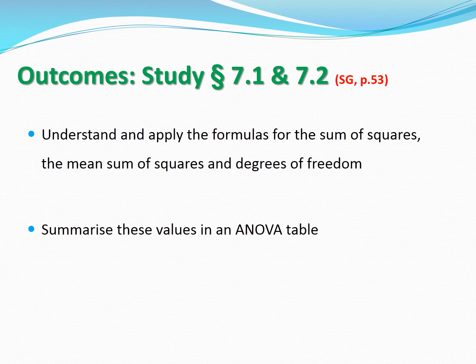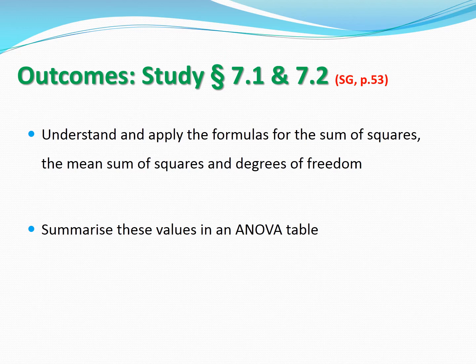We'll do a hypothesis test to see if there are differences amongst the population means or not, but first we need to calculate the measures needed to do this hypothesis test. So in part 1, from section 15.1 up to 15.3 in the textbook, they explain these calculation measures to you.